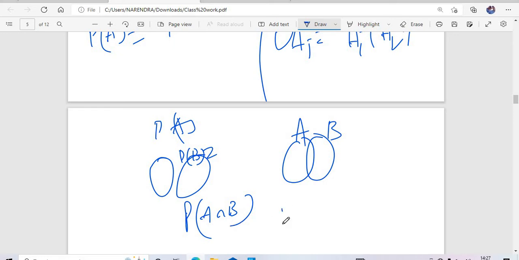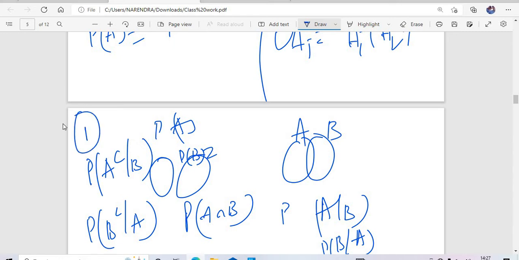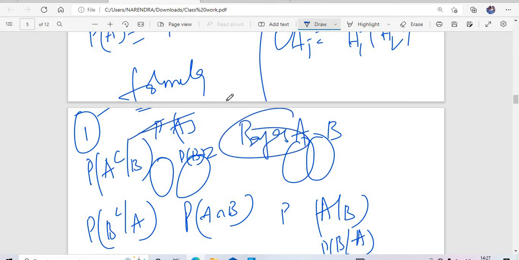Or you need to find probability of A given B or probability of B given A. Complement also they will ask: A complement given B, or probability of B complement given A. One question based on this formula is compulsory, and one Bayes theorem question is certain. You should be strong on these two, Bayes theorem and formula based questions.